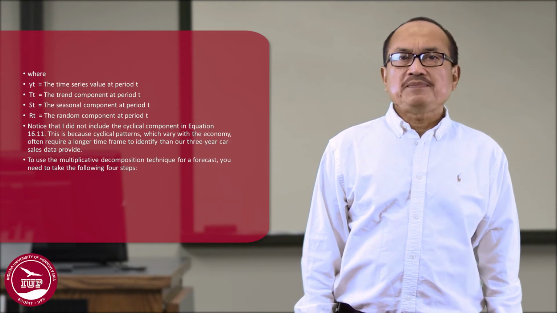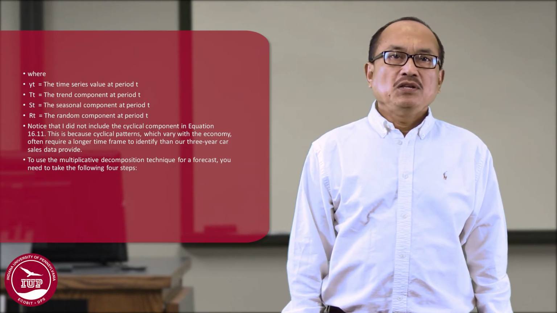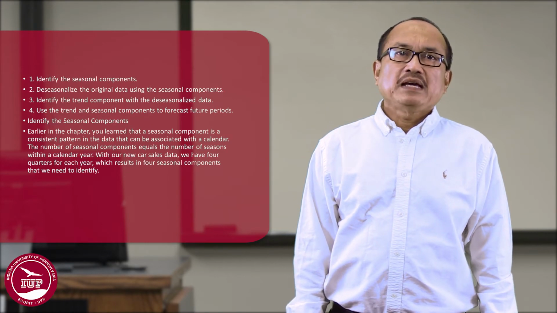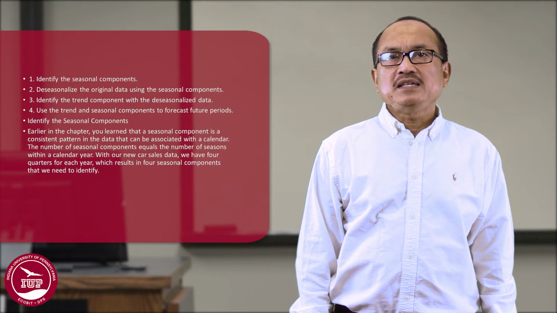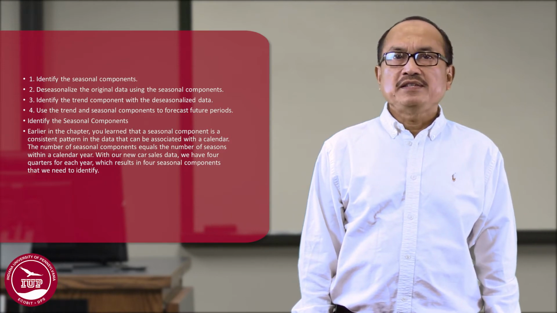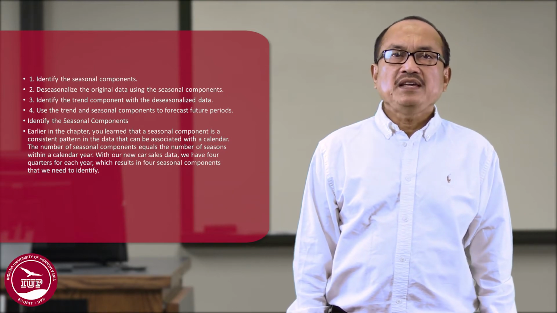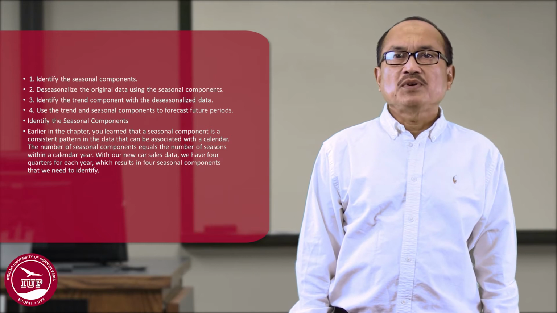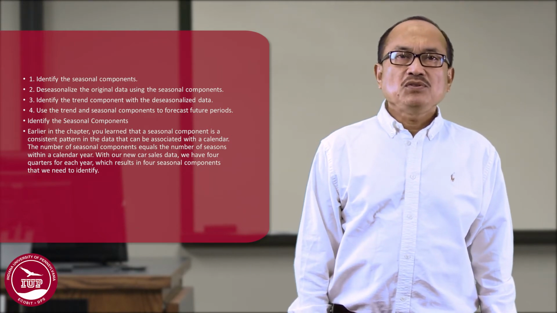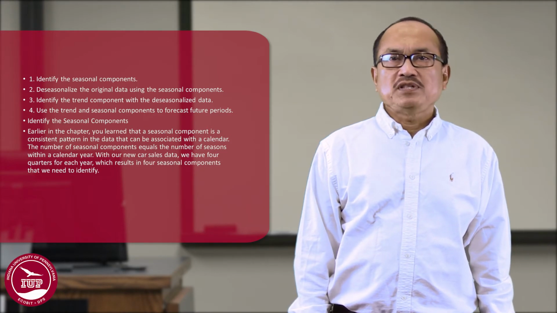To use the multiplicative decomposition technique for a forecast, you need to take the following 4 steps. 1. Identify the seasonal components. 2. Deseasonalize the original data using the seasonal components. 3. Identify the trend component with the deseasonalized data. 4. Use the trend and seasonal components to forecast future periods.